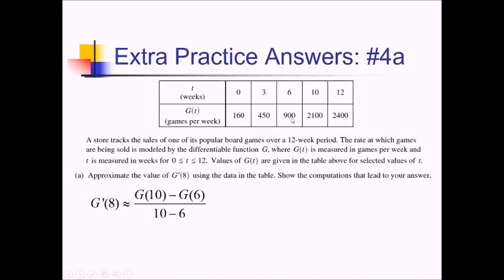So g of 10 was 2100, g of 6 was 900. You could leave it like this if you wanted and just stick units on the end, or you can simplify it. This is really 1200 over 4, which is going to be 300. And since we've got games per week over weeks, that's going to be games per week squared for our units.